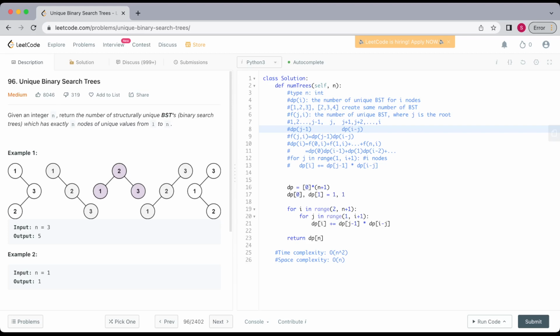Then we need to calculate how many unique binary search trees for the total i nodes by using node j as the root.